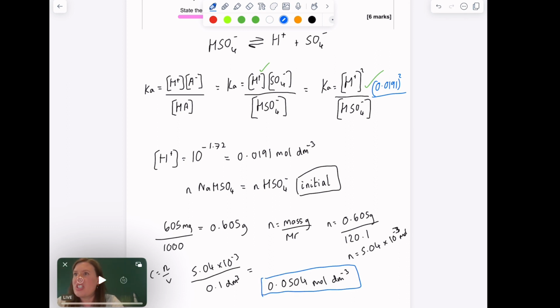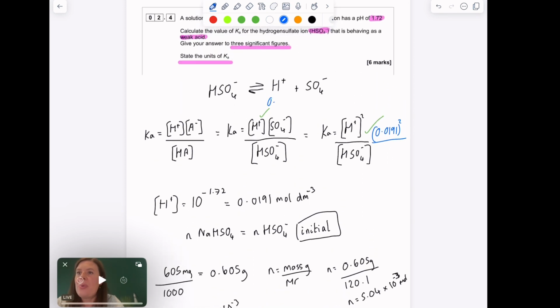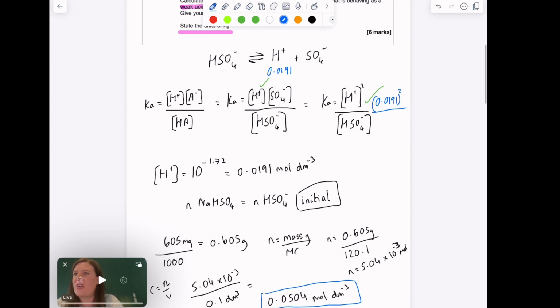So how we would adjust that, if we think sensibly, well, if we've got a concentration of 0.0191 of our hydrogen ions, then we need to subtract that from the concentration of our acid.